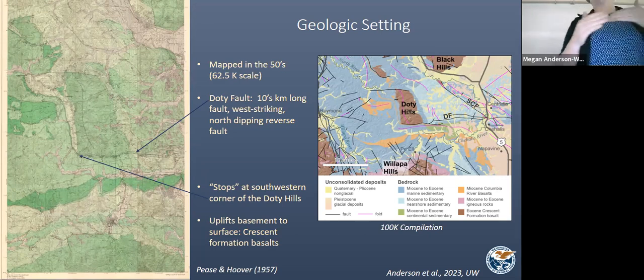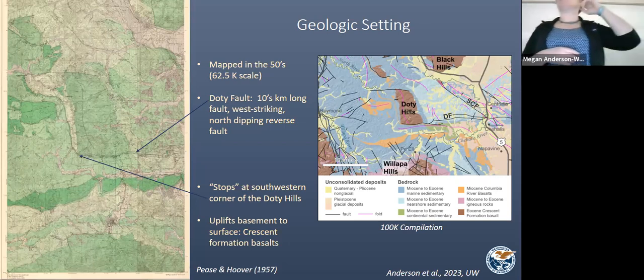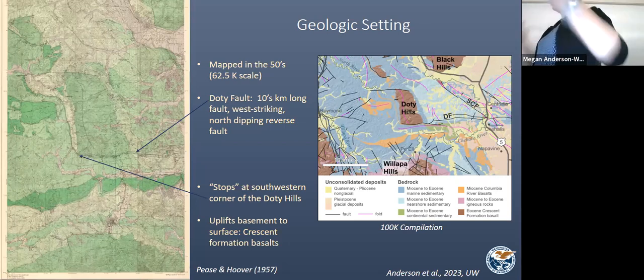One of the things the Doty Fault does is it uplifts basement to the surface. And here we have Crescent Formation, just like we do in Puget Lowland. And the Doty Hills there, you can see off to the right, have basement at the surface. So there's quite a lot of displacement on the Doty Fault, at least along a certain section of it.